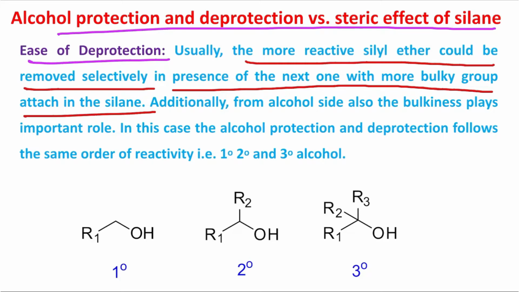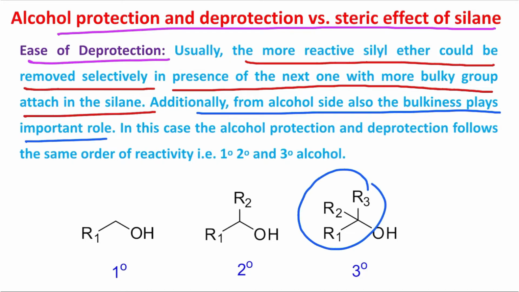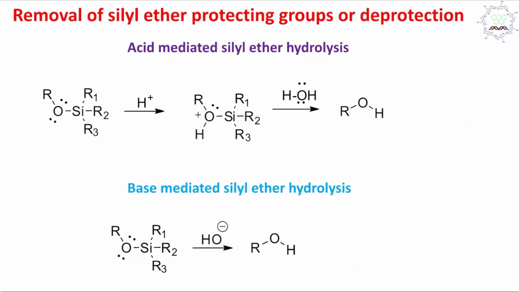So if you give a particular moderate condition, the less bulky one will be selectively hydrolyzed. Additionally, from the alcohol side also, bulkiness plays an important role. As I told, a tertiary alcohol is more bulky, so it will be deprotected later compared to a primary one. So these two factors are actually responsible.